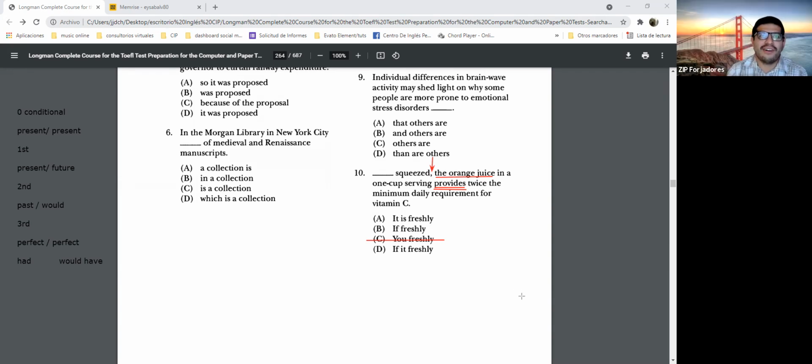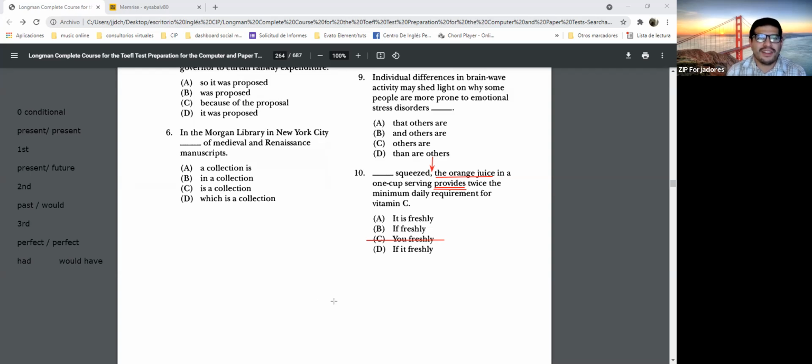Good. So we have a comma. That means that there are very few options if we have a comma. It could be an appositive or it could be a connector at the beginning.